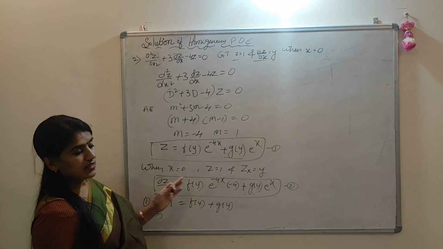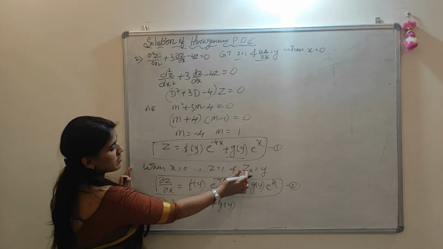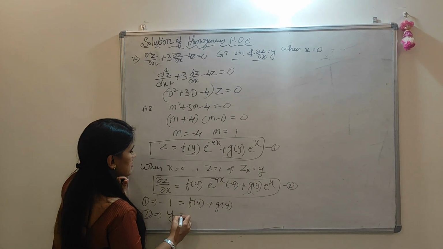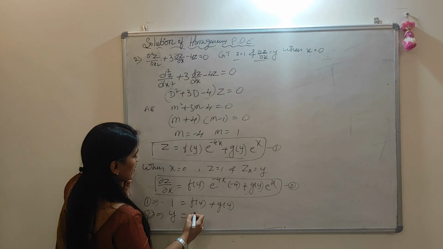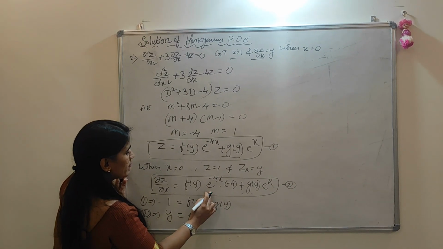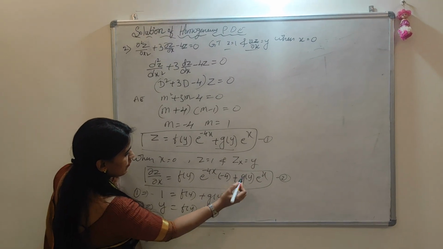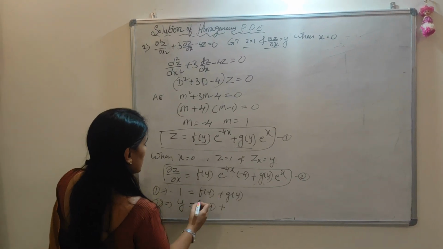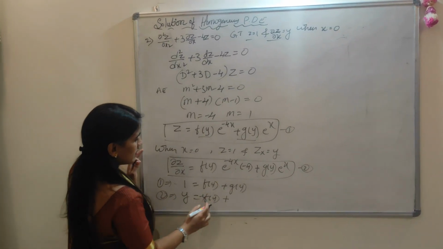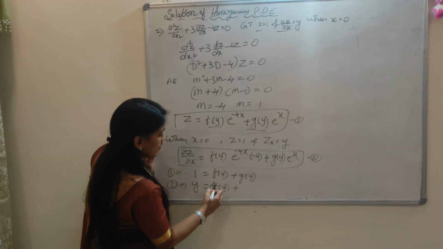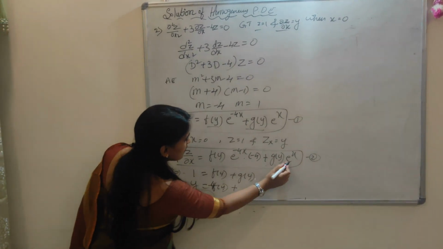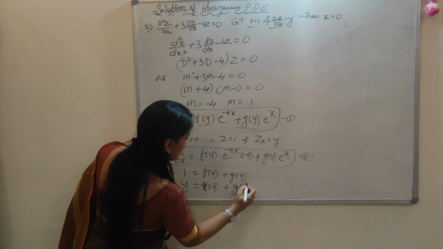Similarly, in the second equation, ∂z/∂x is y, so y = f(y) e^0 times −4, plus g(y) e^0, that is −4 f(y) + g(y).